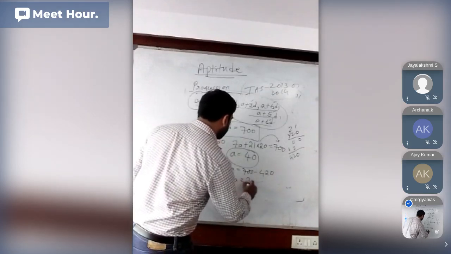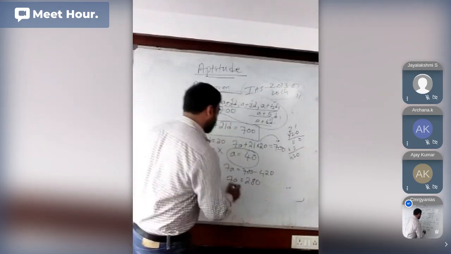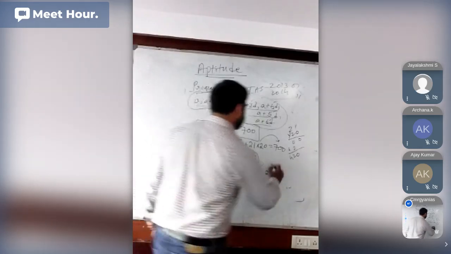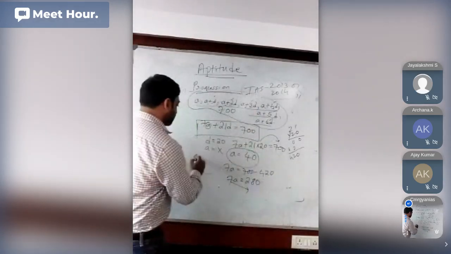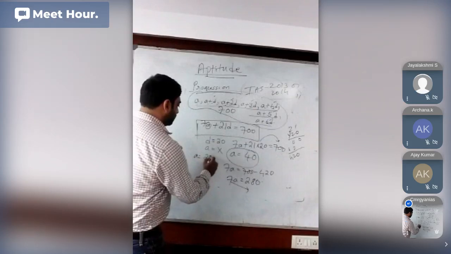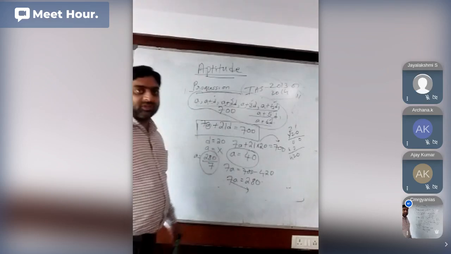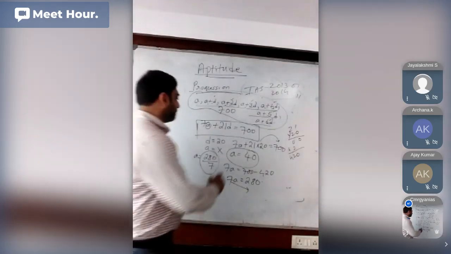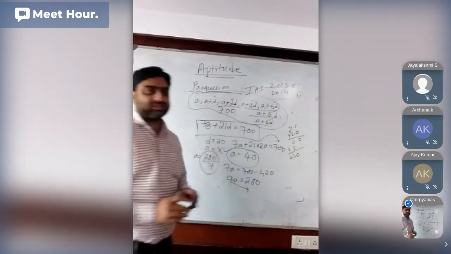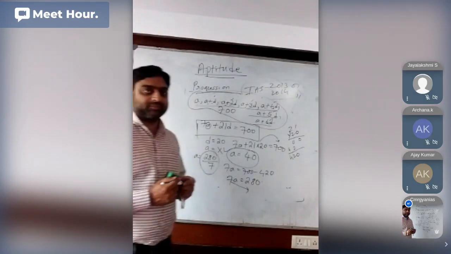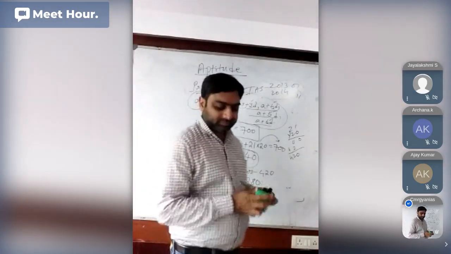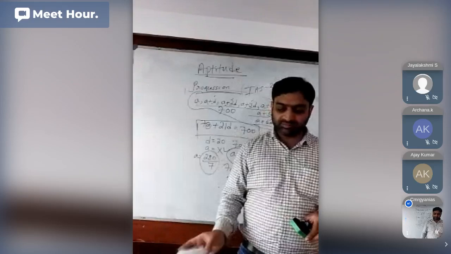So 7A is equal to 280. Now you cross multiply, you take this down. So A is equal to 280 by 7. When you do 280 by 7, you will get the answer as 40. I hope it is clear.